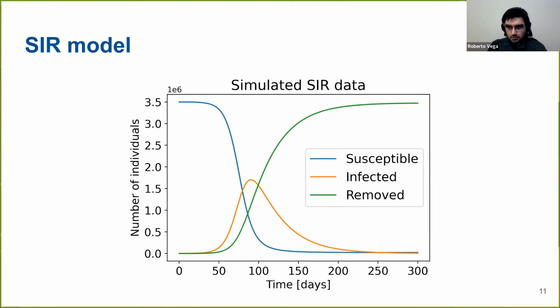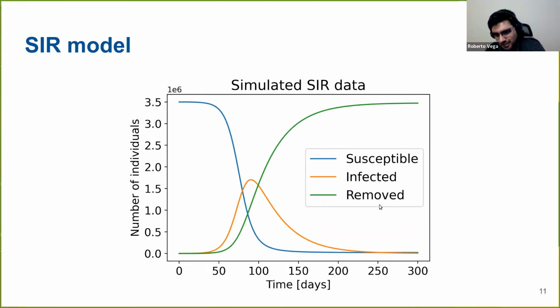Now, this is the behavior that can be described by an SIR model. At the beginning of time, everyone is susceptible, there is nobody infected, then the number of infected people starts to increase, therefore the number of susceptible starts to decrease, and after a while, the people start to either recover or die.